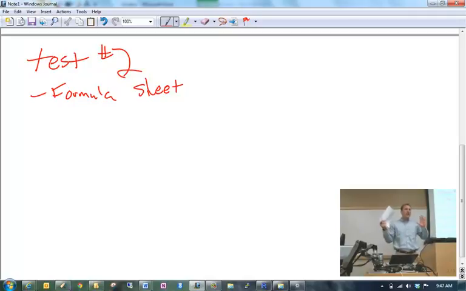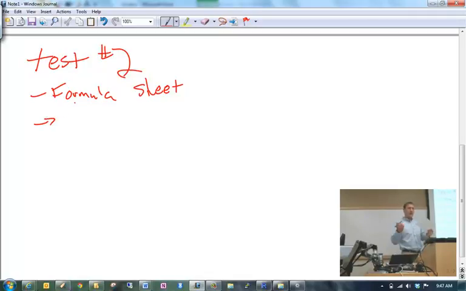I'm not going to test you directly on stuff from test number 1 material. But obviously the stuff that we did in test number 1 is built upon for the stuff from test number 2. So that's why I left it there. Also, of course, all the corresponding R functions are listed on this formula sheet too.